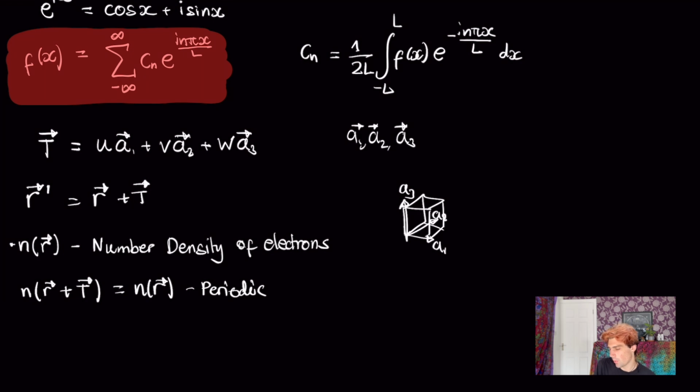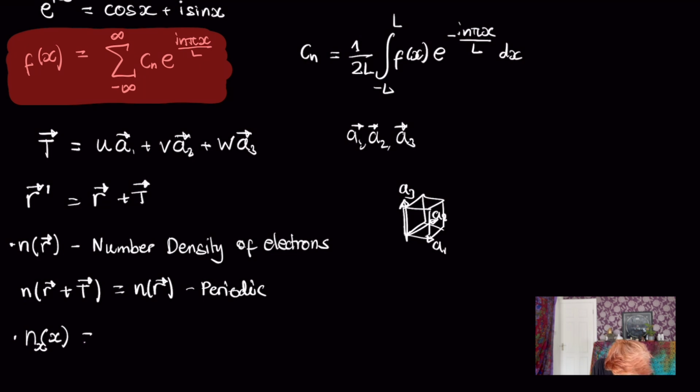So obviously right now we're in three dimensions, and what I'm actually going to do is reduce this down to a one-dimensional mathematical analysis. So in one dimension, instead of having n as a function of r, we have n as a function of x, and I'm just going to label this with a little subscript x.